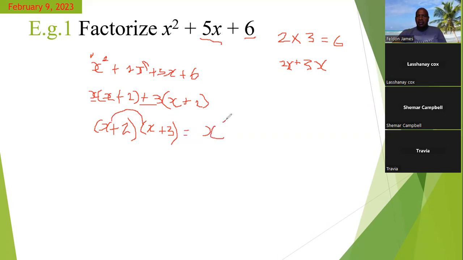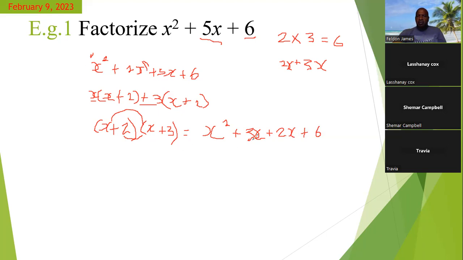And then x times 3, we get 3x. And then 2 times x, we get 2x. And then 2 times 3, we get 6.